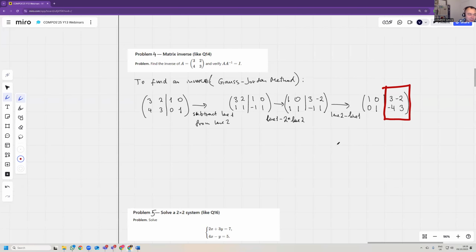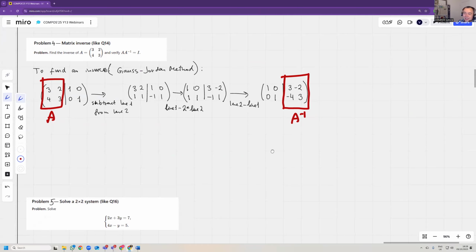So we started from this matrix. This is matrix A, and this is matrix A inverse. So for a 2 by 2 matrix, it is certainly overkill. But when you're dealing with a 4 by 4 or a 5 by 5, I find that this method is faster. It's faster and it's really satisfying.